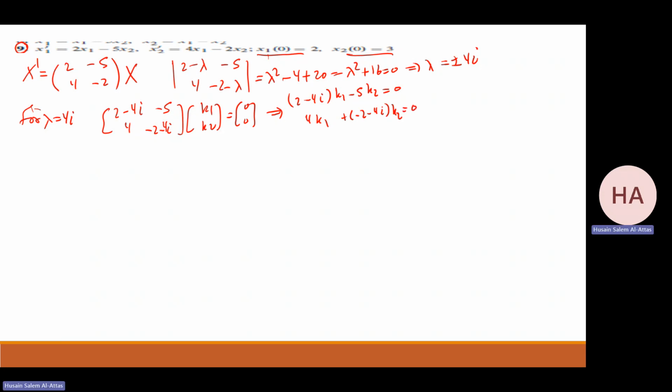For sure, these two equations are the same. How to be sure?